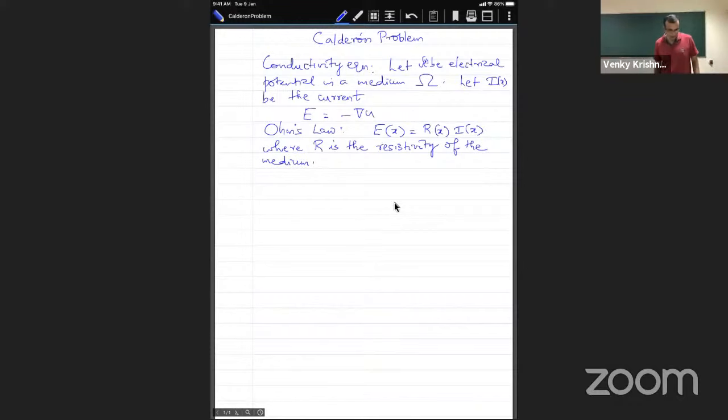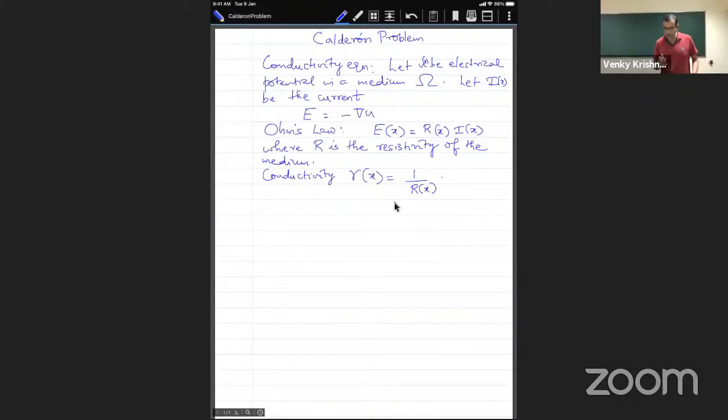If I call conductivity the inverse of resistivity, gamma of x, I will put some assumptions on this gamma of x: that it's L infinity and bounded above and below by positive constants. So gamma of x is 1 by R of x.